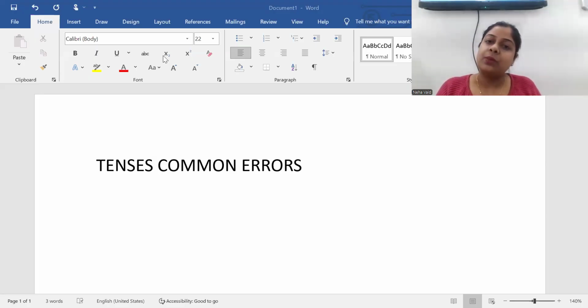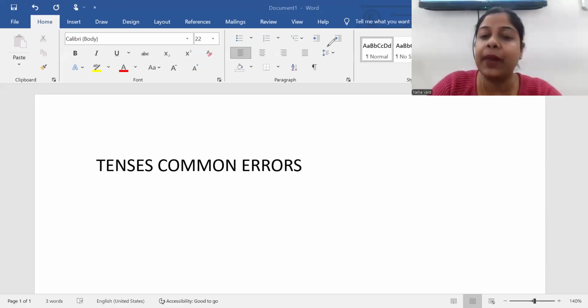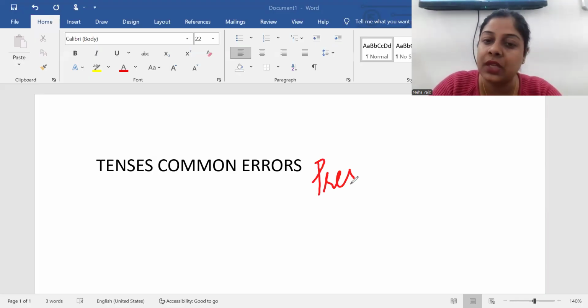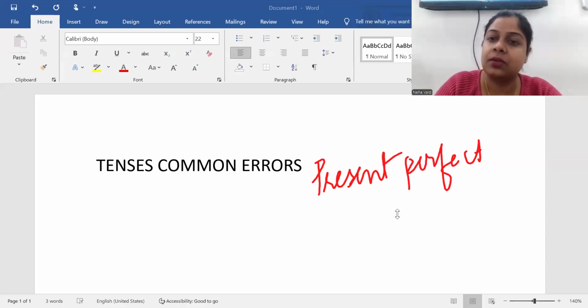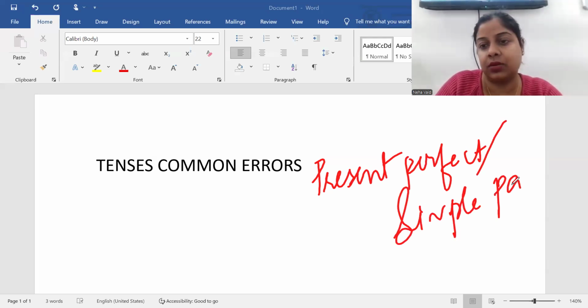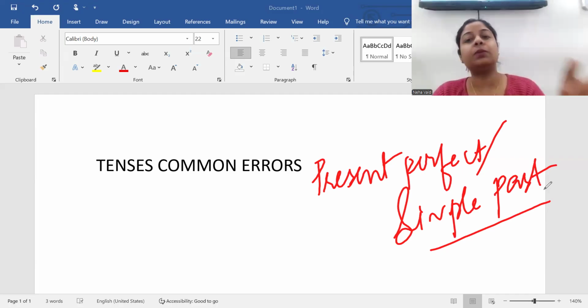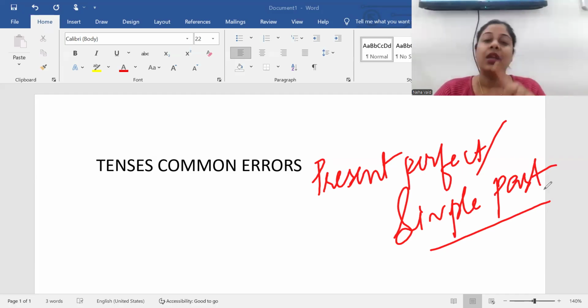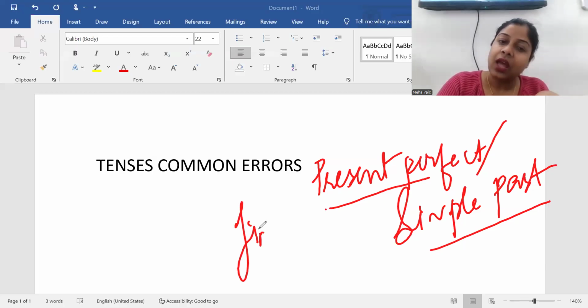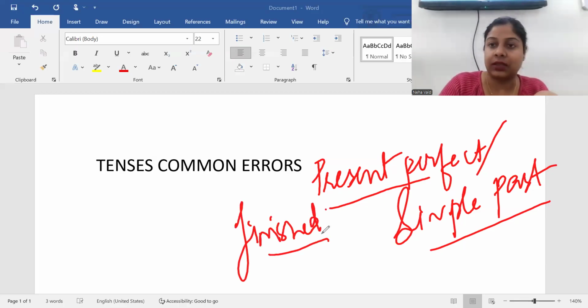Now present perfect means action finished. Many students get confused between present perfect and simple past. So what is the difference between present perfect and simple past? Present perfect means the action that is finished and has a relation with the present.